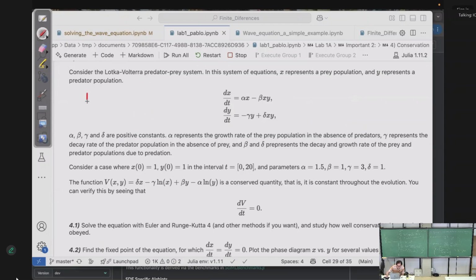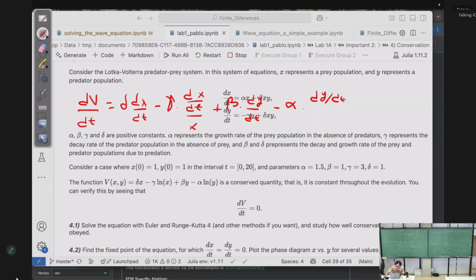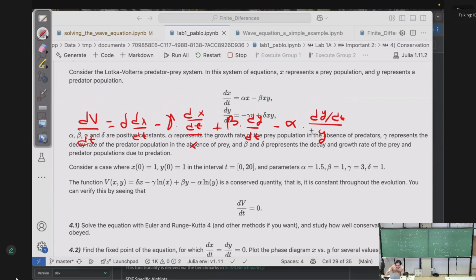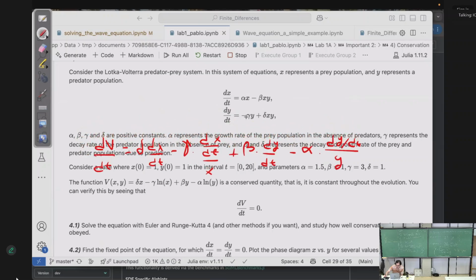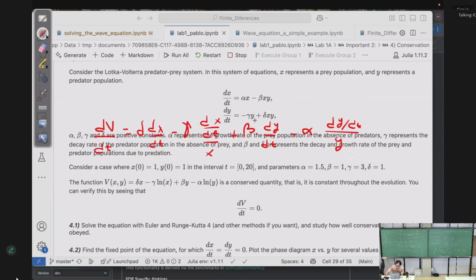Let's do it again. dV over dt. This will be equal to delta dx over dt minus gamma times dx over dt over x plus beta times dy over dt minus alpha times dy over dt over y. And here what we have to do is simply replace the values that we have here, okay?